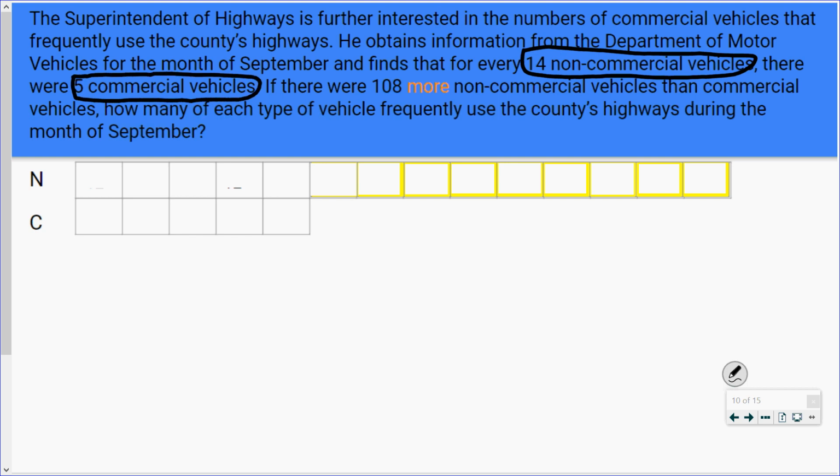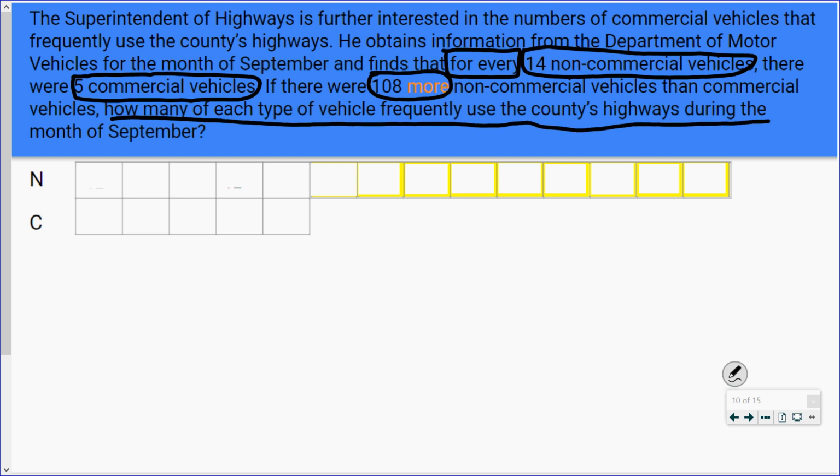So remember, for every is your ratio. If there was 108 more, notice that we highlighted more, non-commercial vehicles than commercial vehicles, how many of each type of vehicles frequently use the county's highways during the month of September?